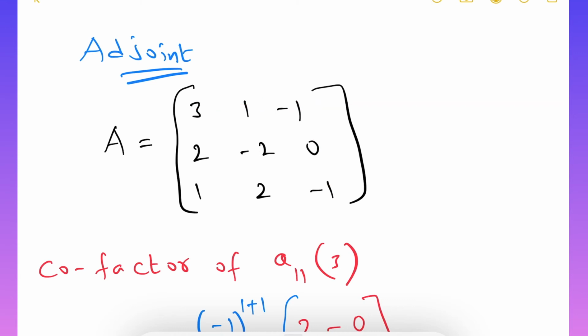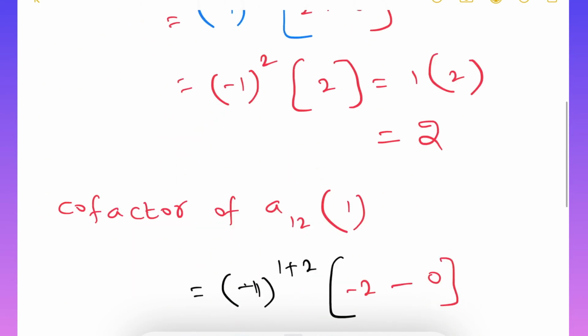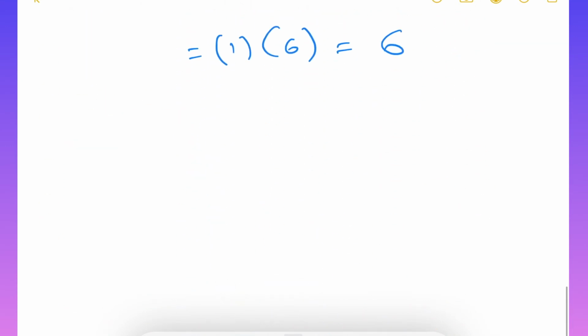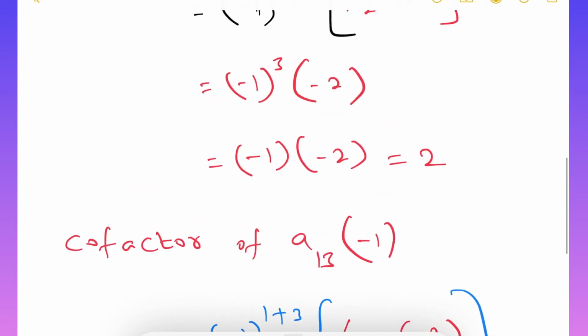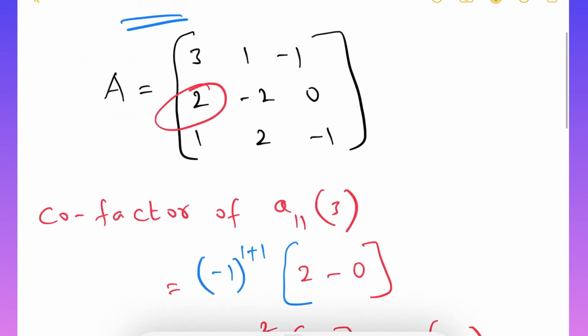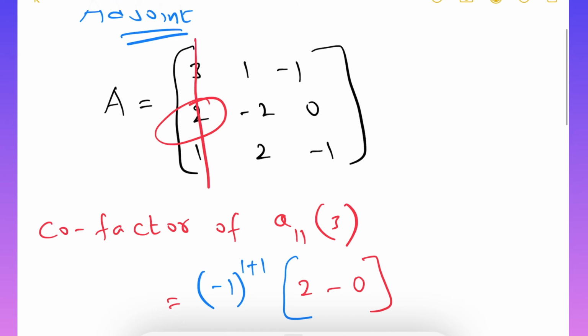Now let us find the cofactor of the second row first column. Cofactor of A second row first column, that is equal to minus 1 whole power 2 plus 1 into. Delete the complete row and complete column where this 2 existed.